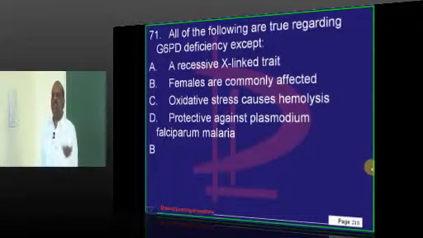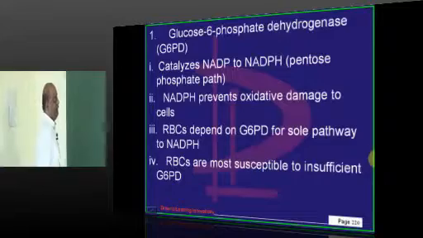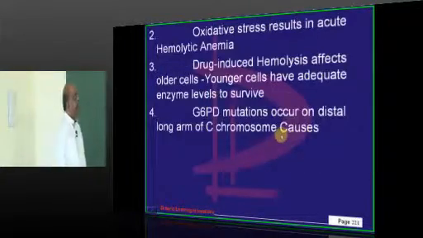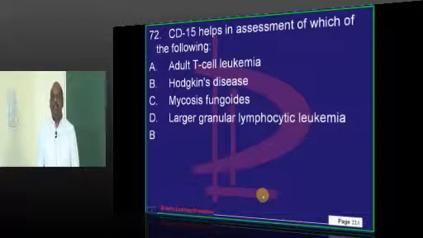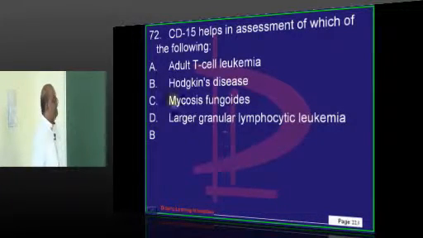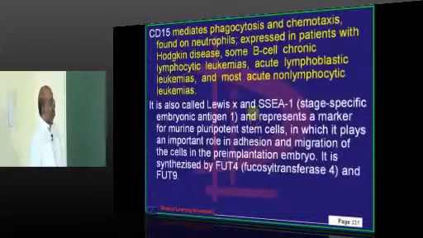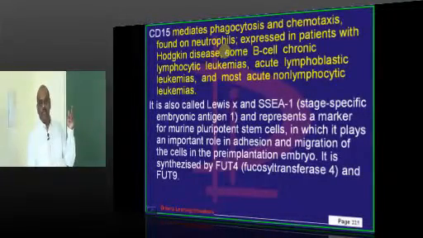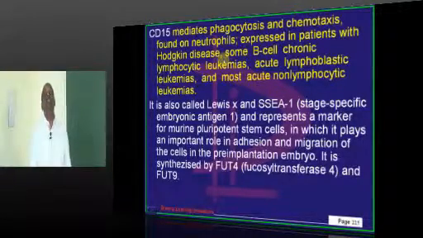X-linked disease means boys are affected, girls are not affected, as all of you know very well. Then CD15 is a favorite question of the examiner, doctor, in any exam you go. So where do you find it? CD15 mediates phagocytosis and chemotaxis and is expressed in Hodgkin's disease.